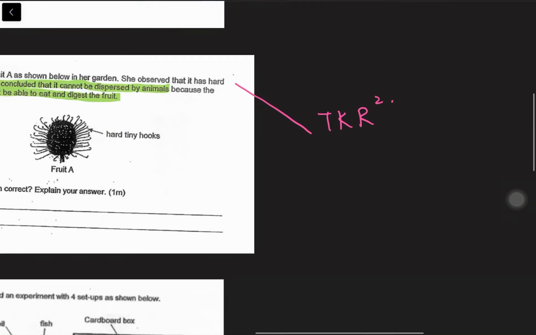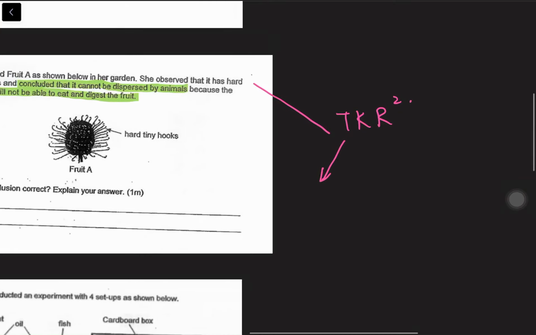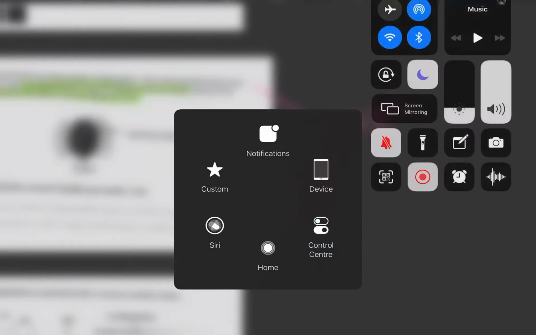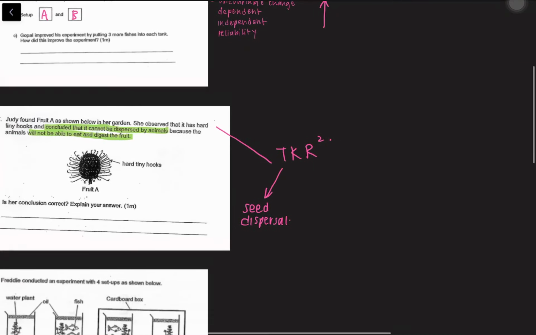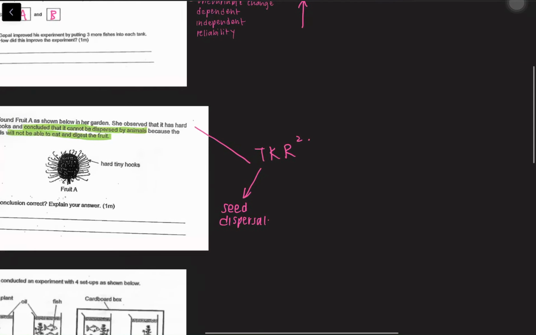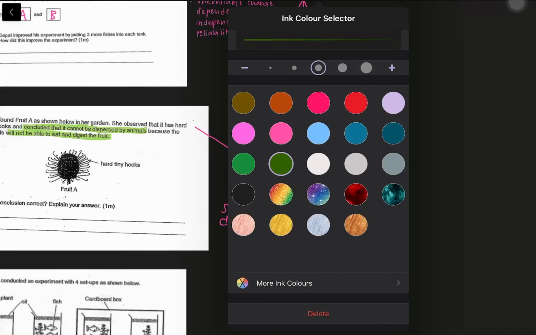TKR2. So firstly, what is the topic here? The topic is about seed dispersal, right? The topic here is about seed dispersal. What are some of the keywords that we have learned through the topic of seed dispersal?